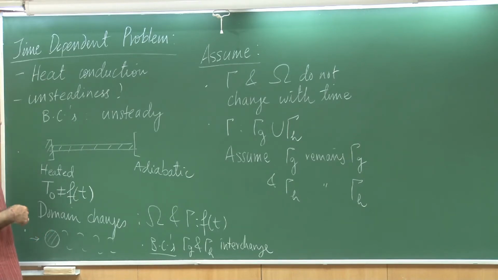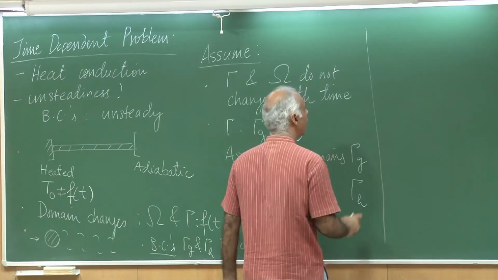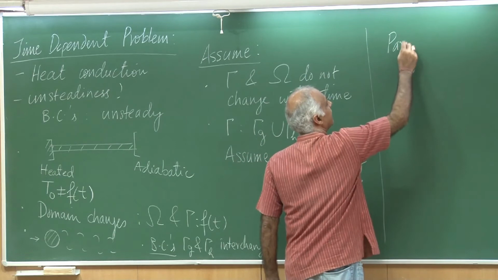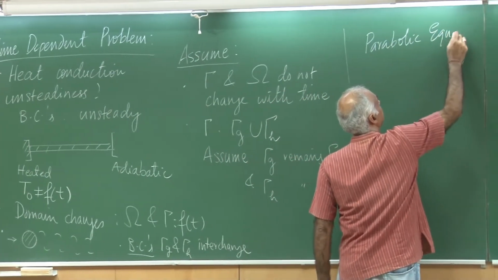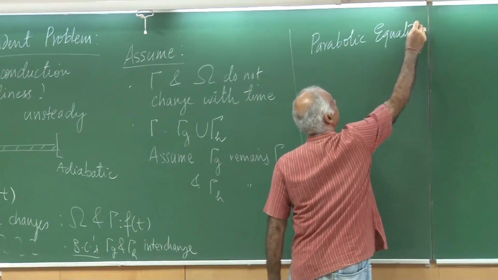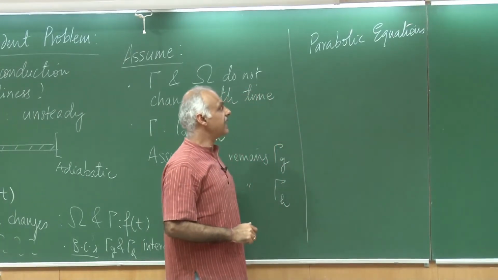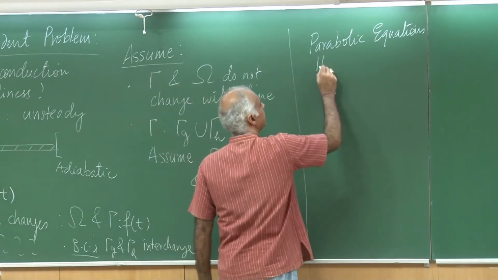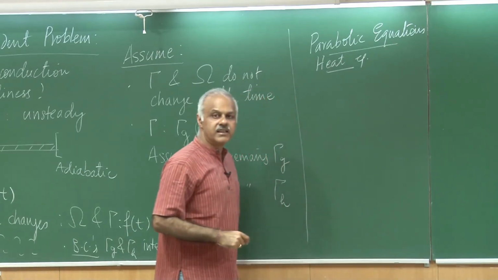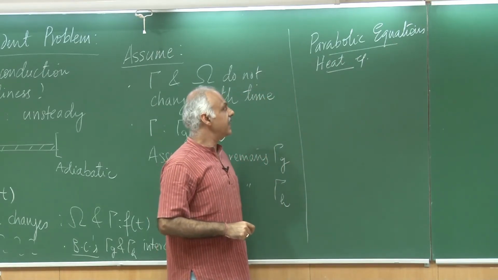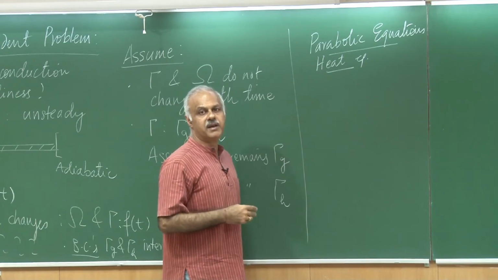Okay. So, under these assumptions, we are going to now set up the equations, and I am going to demonstrate to you how we can apply the finite element method to that. So, let us realize that we are really talking about parabolic equations, in the sense that if we are looking at the heat equation, and if I look at the one dimensional heat equation, then the time and space make it parabolic.